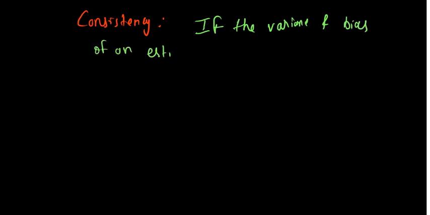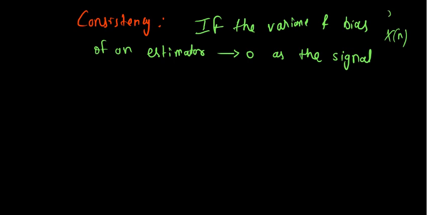So consistency of estimator is given by, let's say, if the variance and bias of an estimator becomes 0 or tends to 0 as the signal length, or our process length, or our x of n, that is our process, sampled process from the original process x of t, all these are WSS process that we already assume.